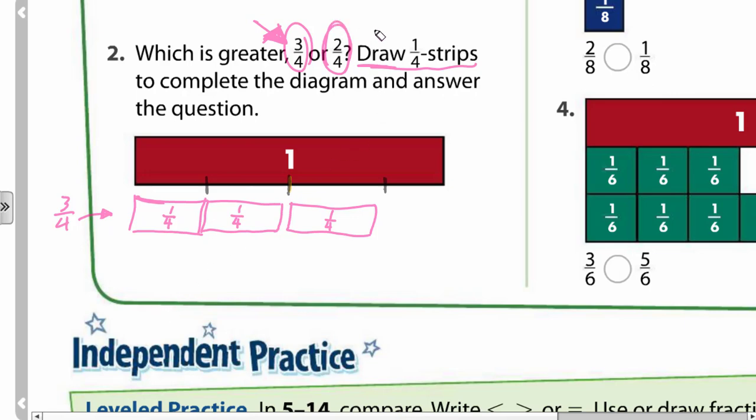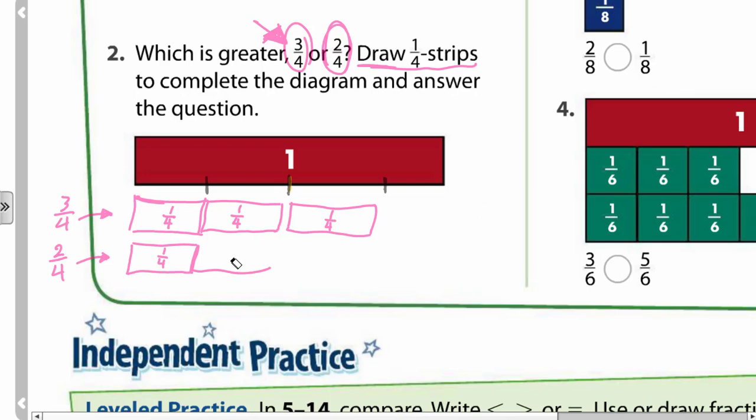We need also to represent 2/4. So we will draw 2/4 here. This is the first one. And another one here.